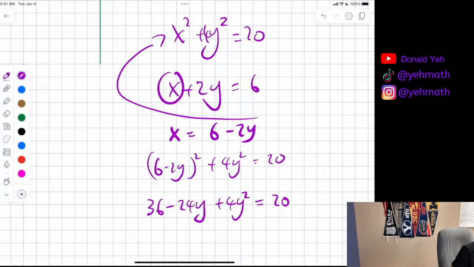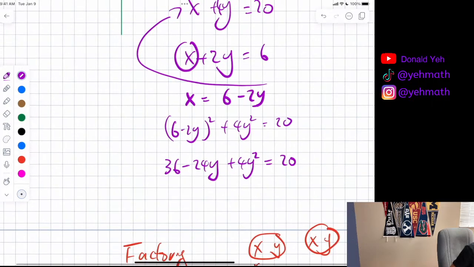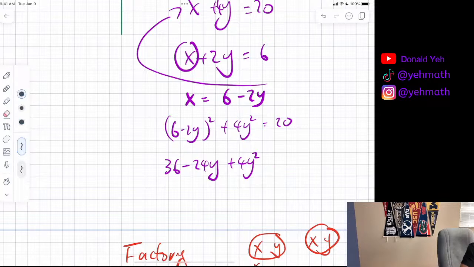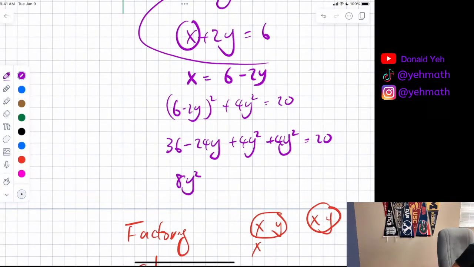Are you sure I copied down the right question? Wait, am I missing another 4y squared? Plus 4y squared is equal to 20. So that's gonna give you 8y squared minus 24y plus 16.